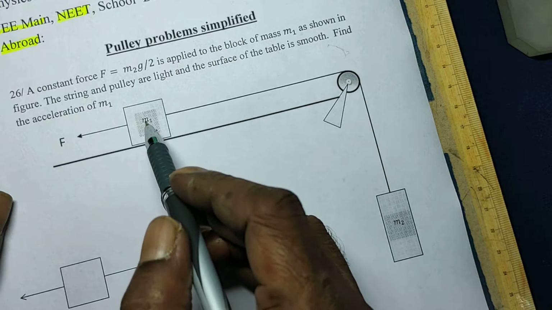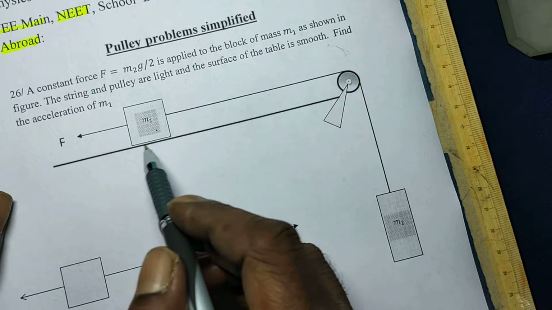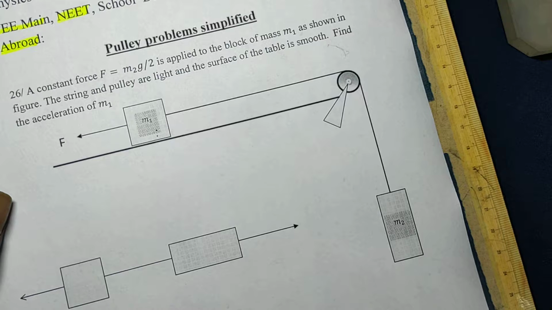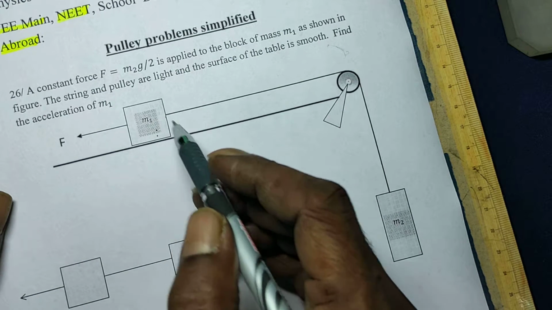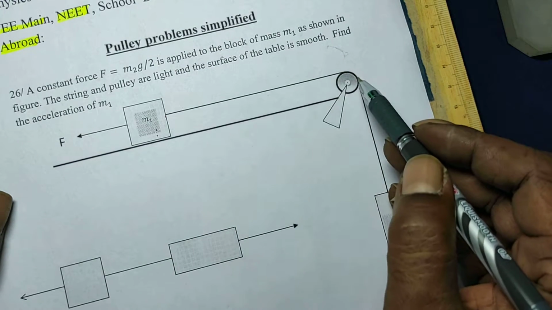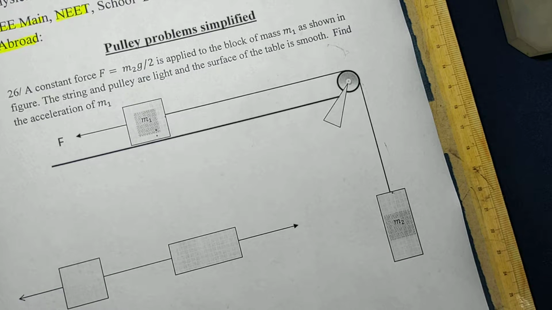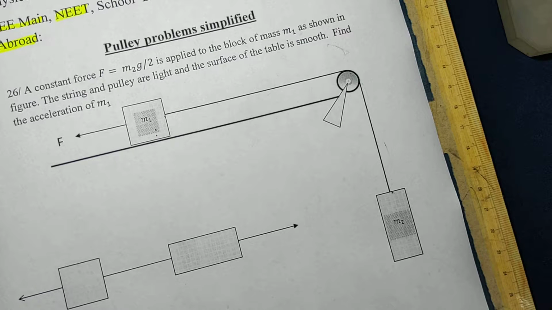That means as m1 tries to slide either to left or right, there is no opposing force between the surfaces in contact. And this string, which is connected to m1 here and to m2 here, is passing over a pulley, right? And the string is also light, that is, its mass will not be considered, and there is no friction here also.